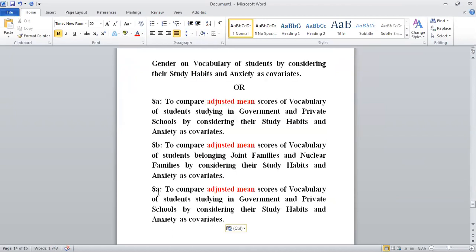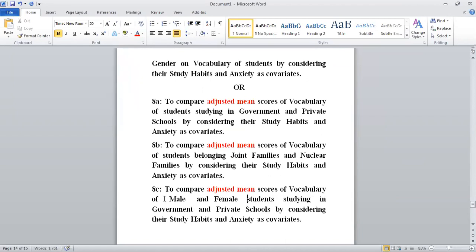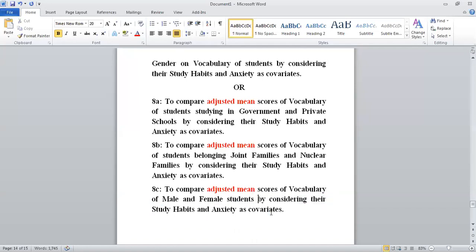So 8C will be to compare adjusted mean scores of vocabulary of male and female students by considering their study habits and anxiety as covariates.